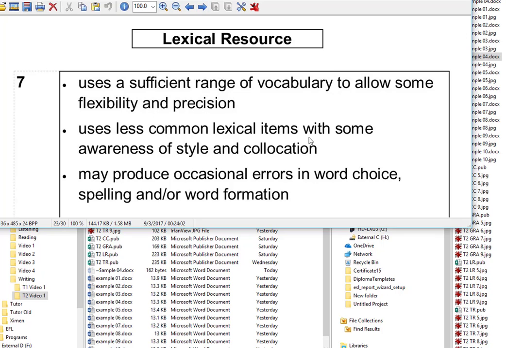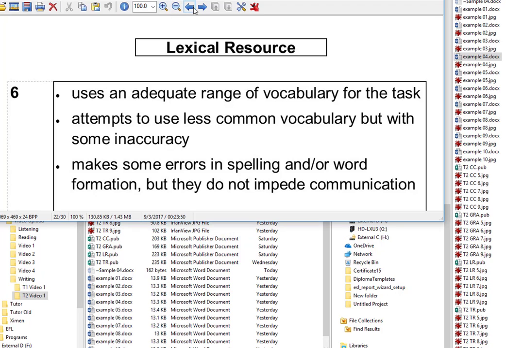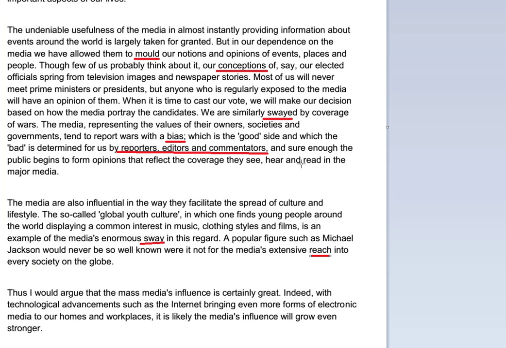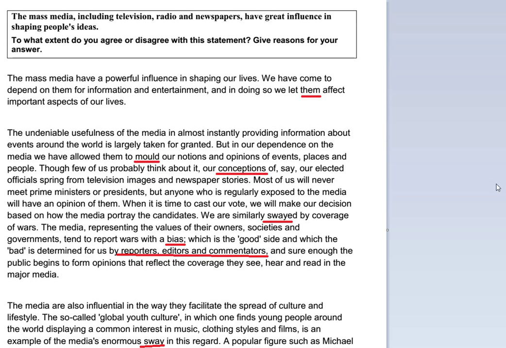Uses some less common lexical items with some awareness of style and collocation. Well, I don't think that's true. So remember, to get a 7, you need to meet all these requirements. I just don't think that's true here. An adequate range of vocabulary: yeah, I'd say this is pretty adequate. Not too many errors. Definitely not a 5.